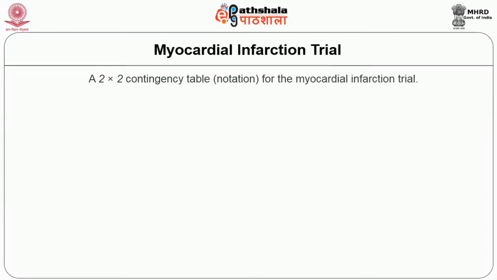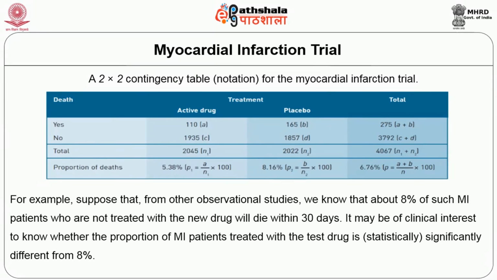Now, you want to compare whether the prevalence of two groups, or one group, is different from another group. For example, take the example given in the slide. Suppose that from observational studies we know that about 8% of the MI group, which is given on the slide, is 8% and the active drug group is 5.38%.